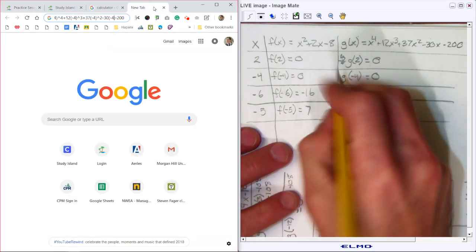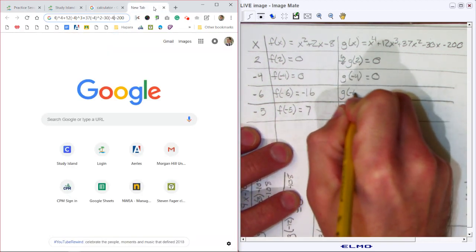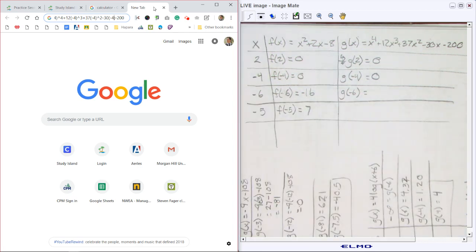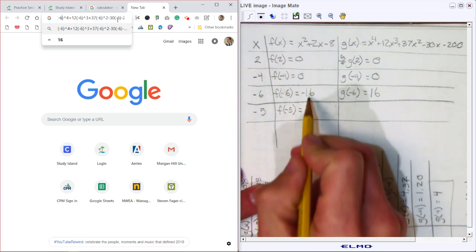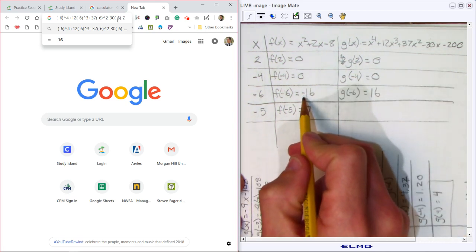Negative 6, that would be equal to, I'll go change all my inputs of negative 4 to negative 6. And we get 16. Is that the same thing as we had before? No, this was negative 16.